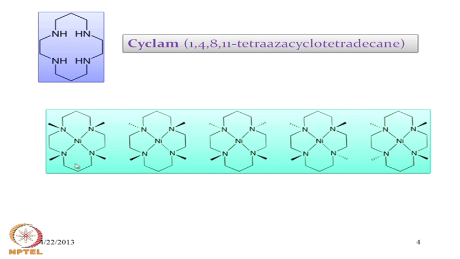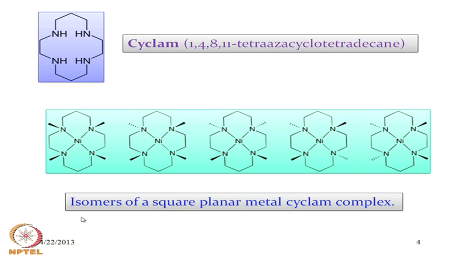When 4 of them are up, we have this geometry, when 3 of them are up, this. In this sequence we can have all these possible isomeric forms when the nickel is bound to cyclam. So, we have the corresponding square planar complex, and metal cyclam complexes are all isomeric in nature, depending upon the corresponding orientation of the N-methyl or N-ethyl groups.